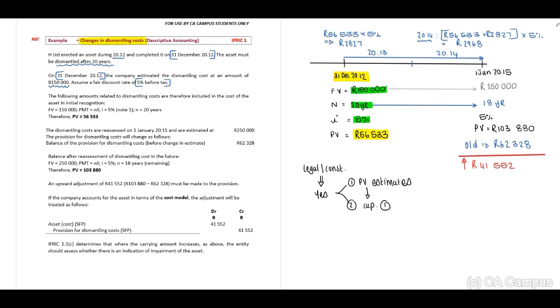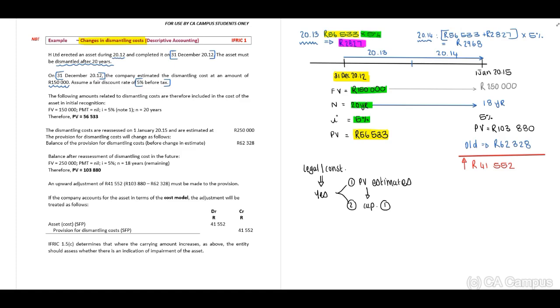Now, at the end of 20.13, we need to recognize the interest based on 5%. Therefore, this will be the 56533 times our 5% and interest amount of 2827. We will have to debit our finance cost and credit our provision.